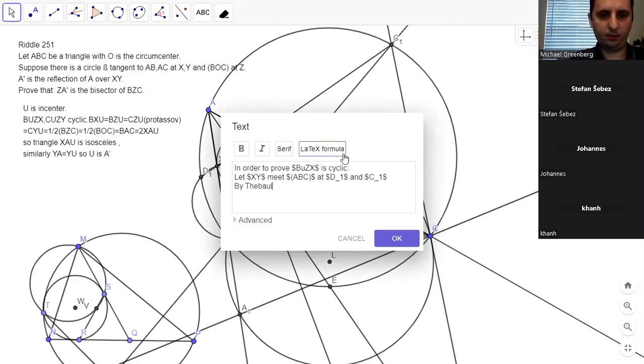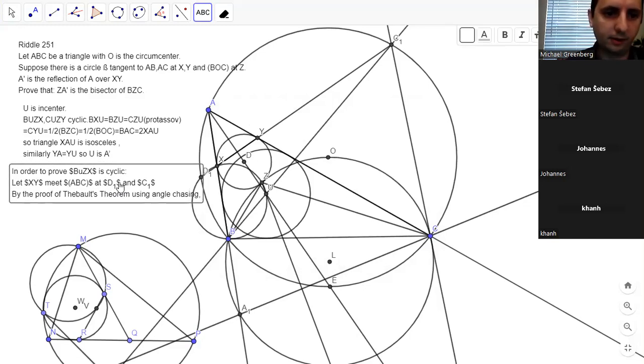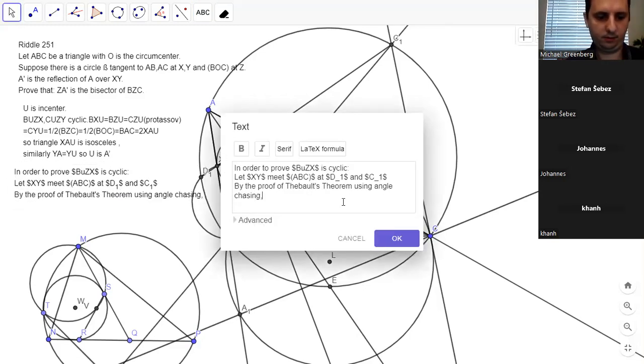By the T-ball theorem, or really by the proof of it, using angle chasing, we have D1XUB is cyclic. I'll just say, see if you can show that U also lies on this circle.